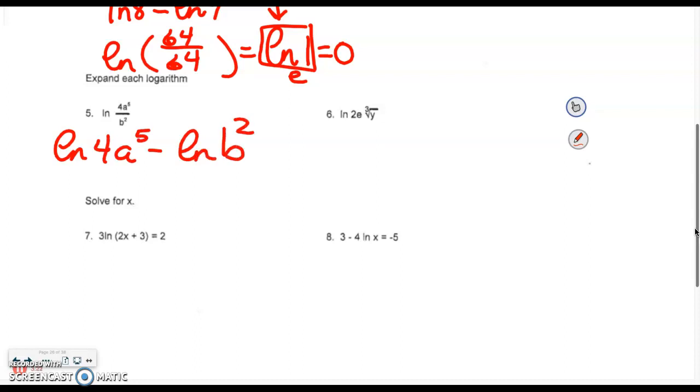I have to be careful not to bring that power out front yet on the first one, because the 4 isn't to the 5th. I'd read this as 4 times a to the 5th. And what does multiplication expand into? Addition. So that's ln 4 plus ln a to the 5th minus ln b squared.